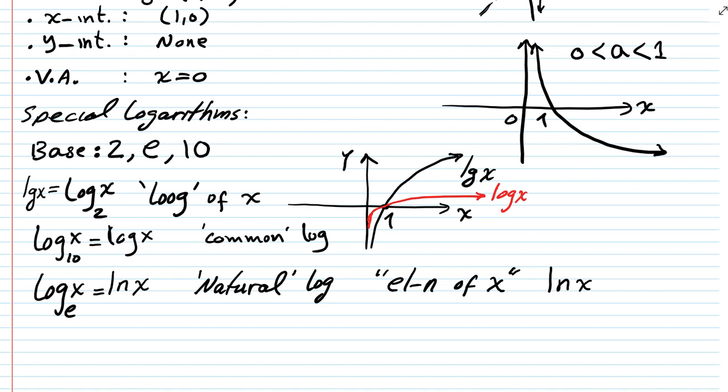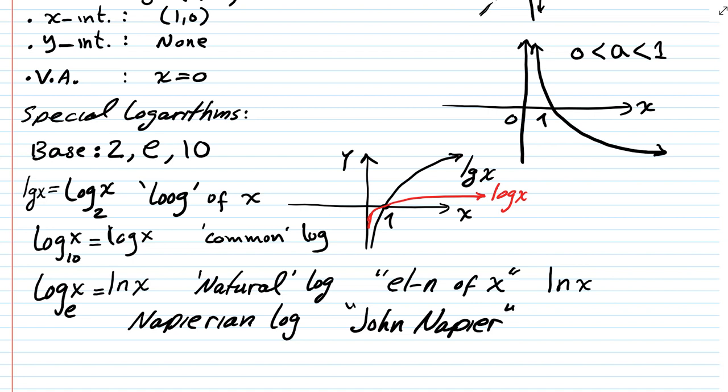The natural log of x, or the ln of x, is also called the Naperian log. And it's named in honor of the Scottish mathematician John Napier, who actually developed the whole idea of logarithms and spent almost his entire adult life developing properties and tables, massive tables of logarithms, so other people can use it.